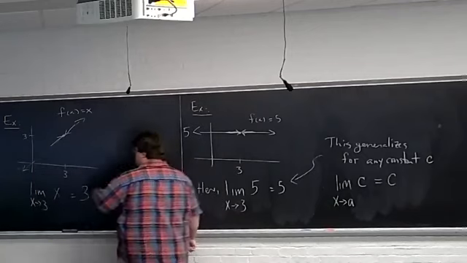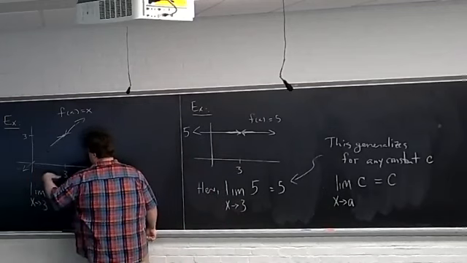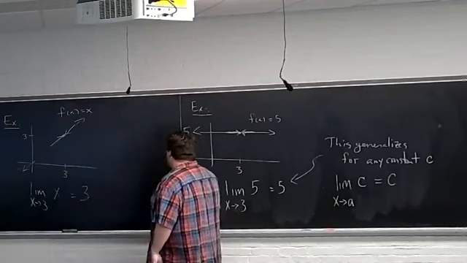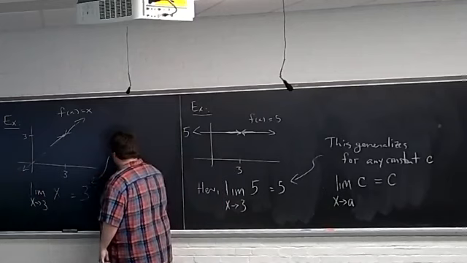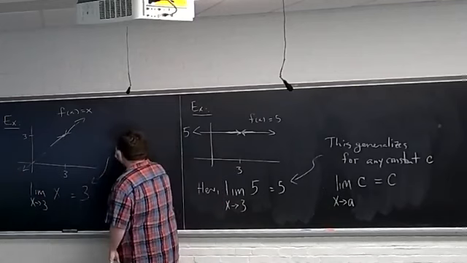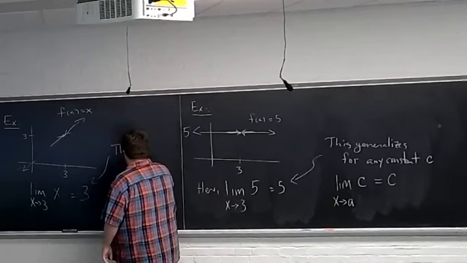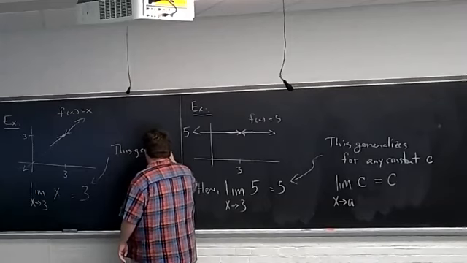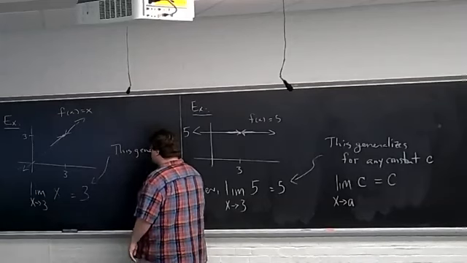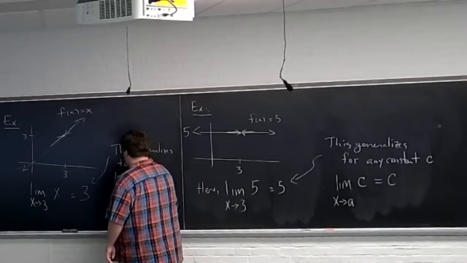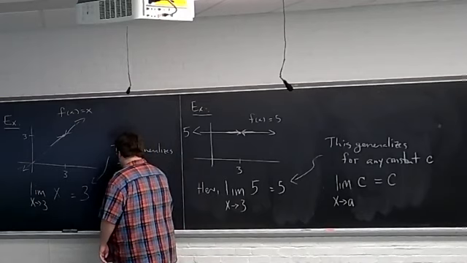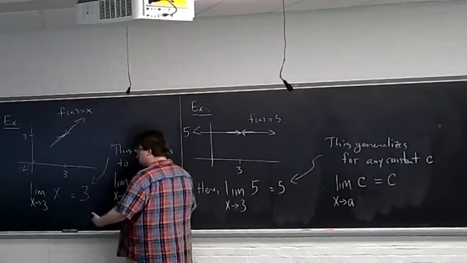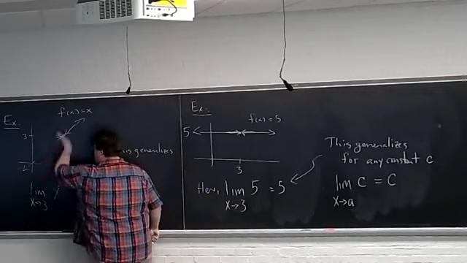So 3, 3, 2, 2, negative 5, negative 5, and so on. So this also generalizes to the limit as x approaches any x value, and we could have moved this 3 anywhere.